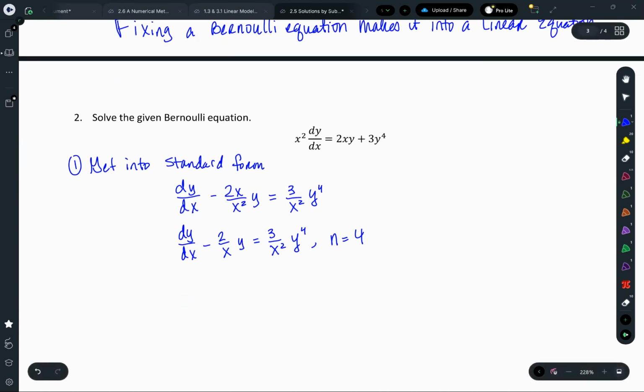But we are not being asked for the interval of definition, which is why I didn't mention it before, okay? But I have it in the proper form now, and I can identify that this y to the 4th is actually the problem. It's what's making this problem not linear, and so I need to look very closely at its power of 4 and state n equals 4, okay? Now my second step is we need to get our substitution.